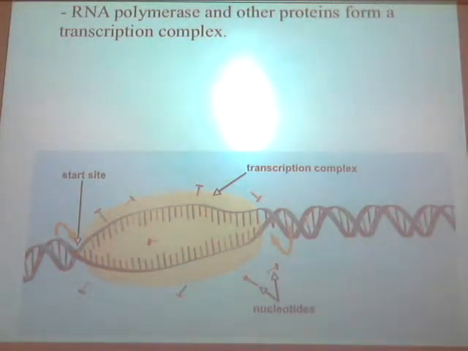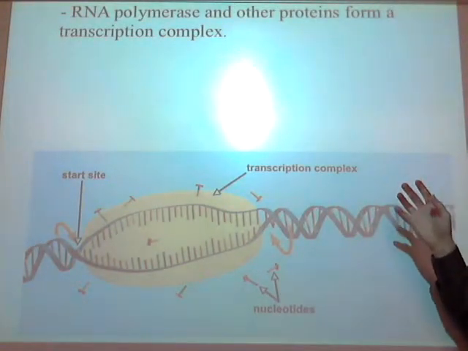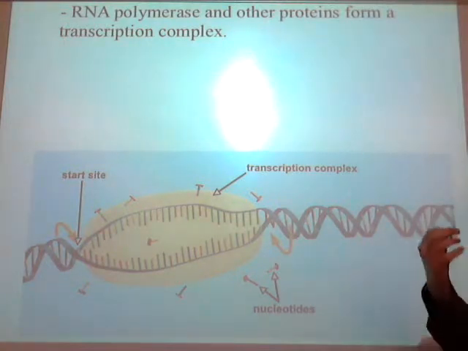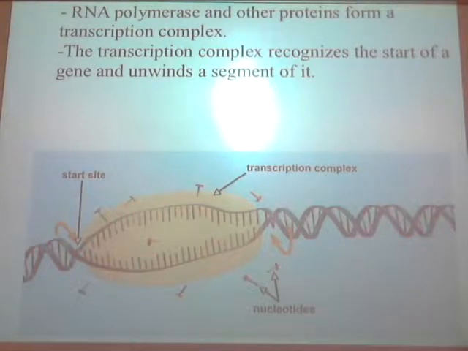Codons are a sequence of 3 bases that tell this enzyme, which, by the way, anything that ends in ASE is an enzyme. So polymerase is an enzyme. It's a protein itself. Here's a protein involved in making proteins. That's what happens. The transcription complex recognizes the start of a gene and unwinds it. You're going to see what those start sequences look like. I'm going to have a little chart.